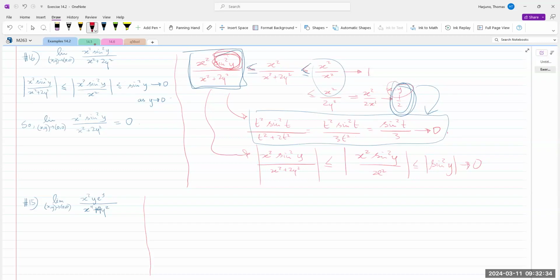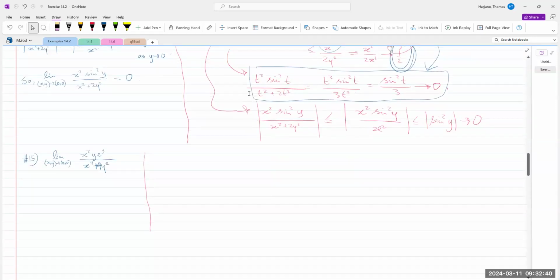Along the x-axis it's 0, along the y-axis it's 0. Let's see which way it will not work. x squared y e to the y over x to the 4th plus 4y squared.